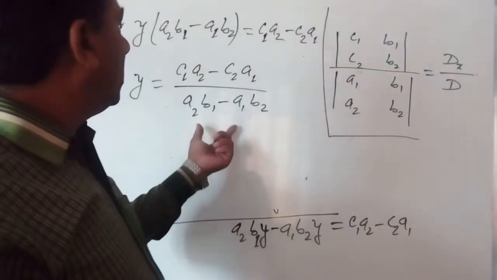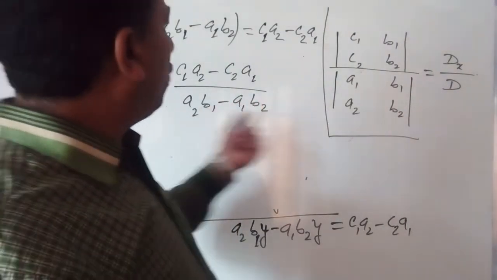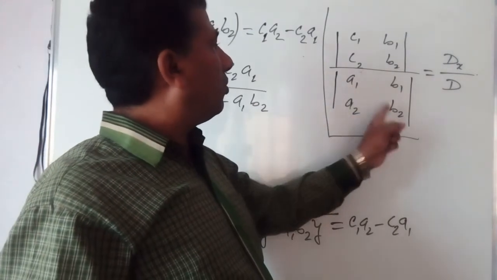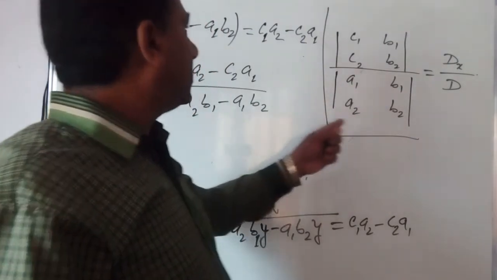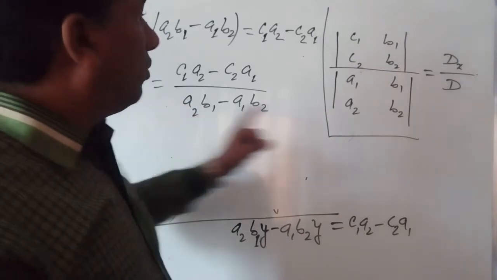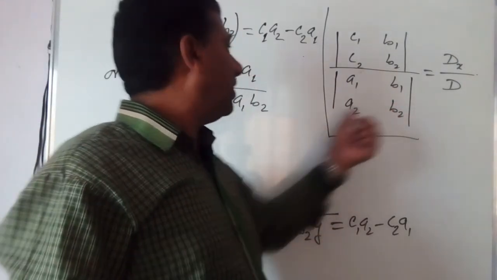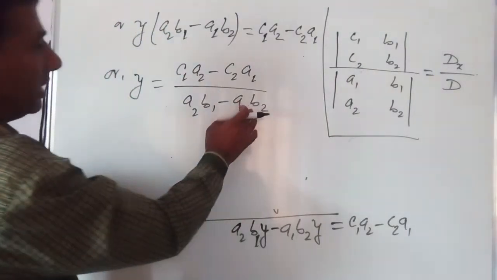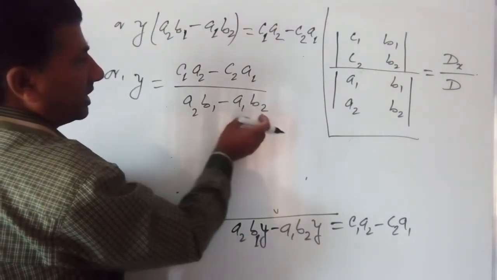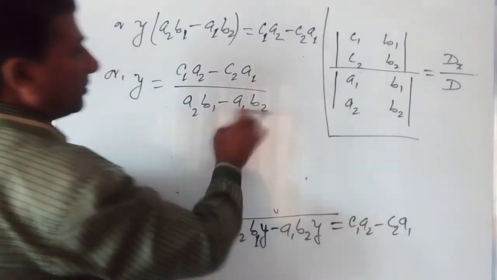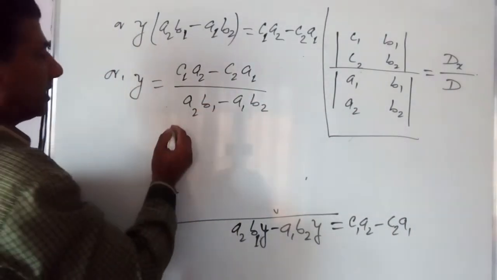Now see here, this is a2 b1 multiplied by a1 b2. In place of x, this a1 a2 and b1 b2. The question is, I want to make the determinant the same here. That's why, if you bring this term to this side, we will get this one. So in numerator and denominator I will take the minus sign common.